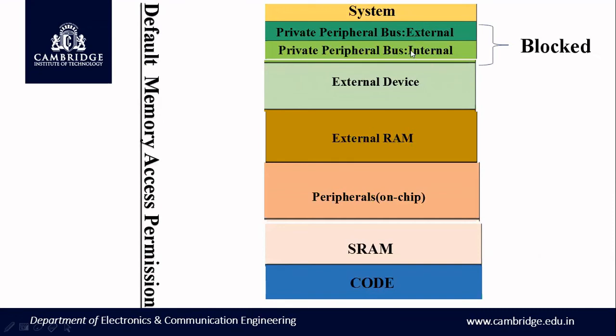Only this PPB region, both internal and external, is blocked for the user. If the user tries to access this region, it results in a bus fault, which is a type of exception. An exception would be raised indicating that there was a bus fault. So only the PPB region has been blocked for the user.